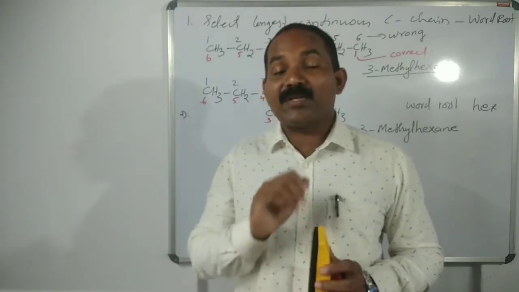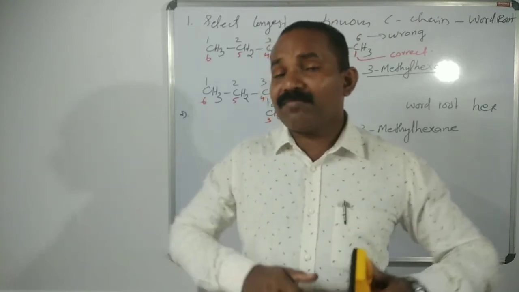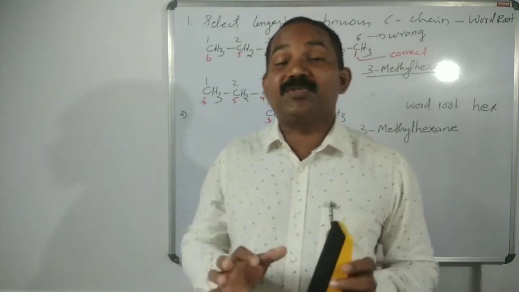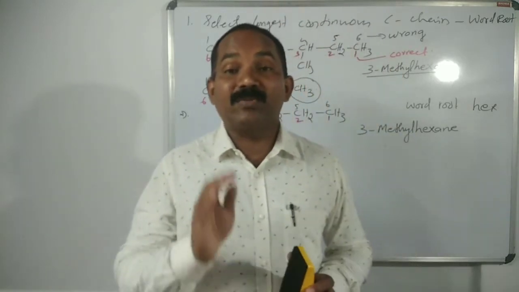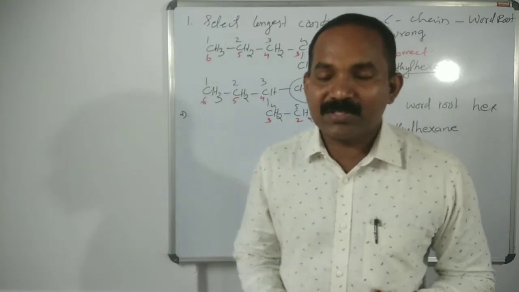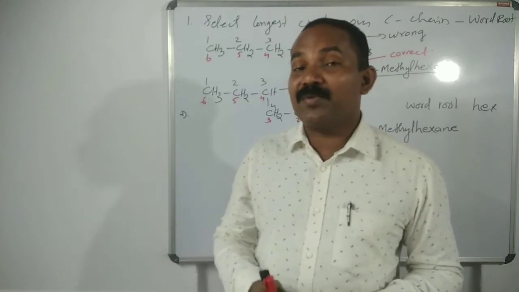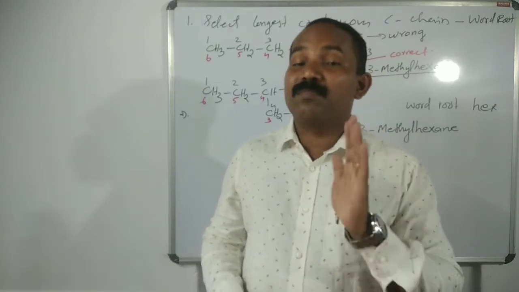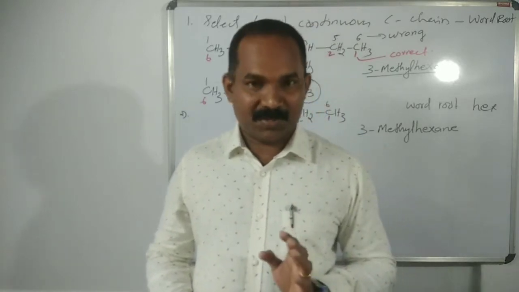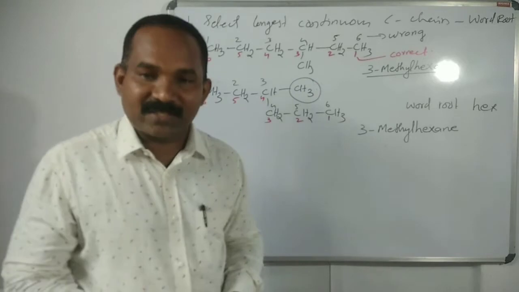While numbering, if there is any substituent, the substituent will get the lowest possible number. While writing the name, the substituents must be prefixed and the position mentioned. Here is an example, 3-methyl hexane.